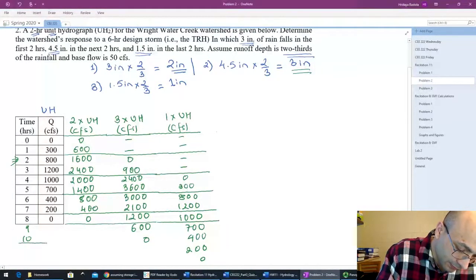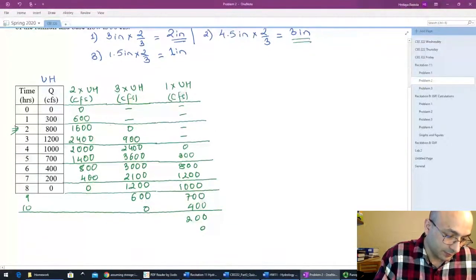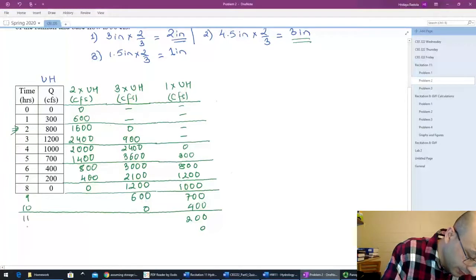So we're adding yet again 2 more hours into the unit hydrograph. So 11, 12.